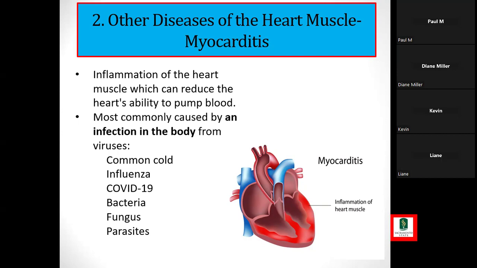So that's the same thing that can happen in the heart muscle. It's called myocarditis. It's usually caused by viruses, including COVID-19. So sometimes people who have long COVID may experience myocarditis or another inflammation around the lining called pericarditis.